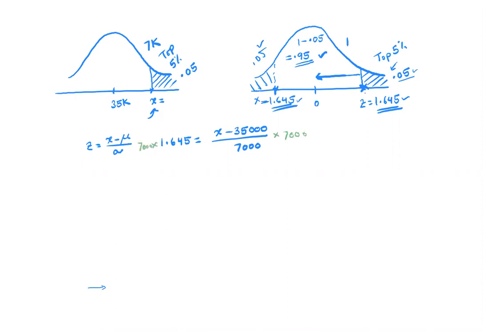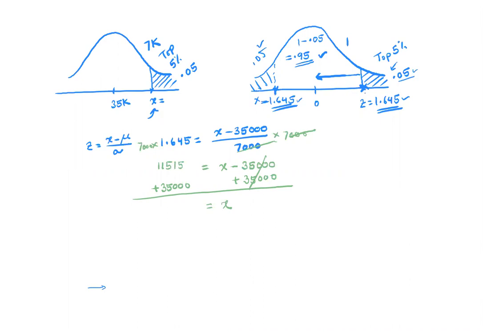So there's going to be 11,515. 11,515 is equal to this, and this cancels out. Then x minus 35,000, so plus 35,000. x, this cancels out.